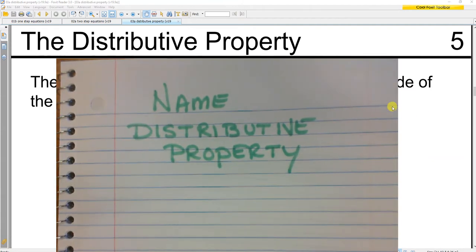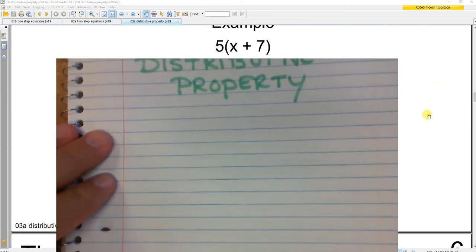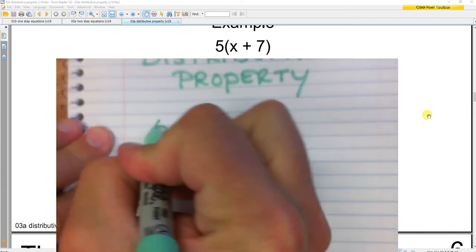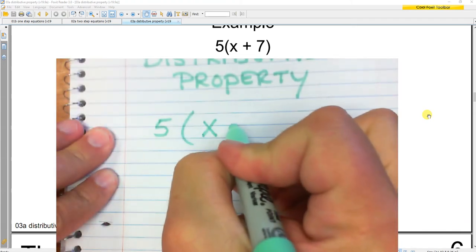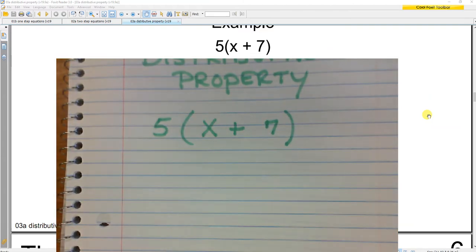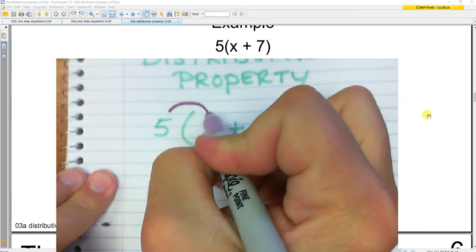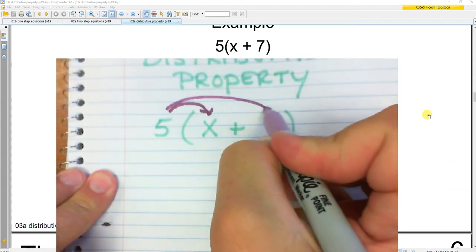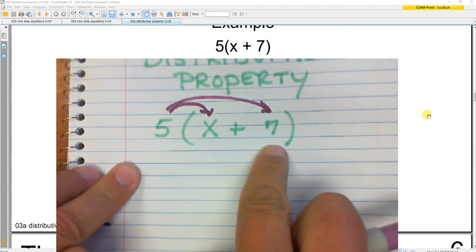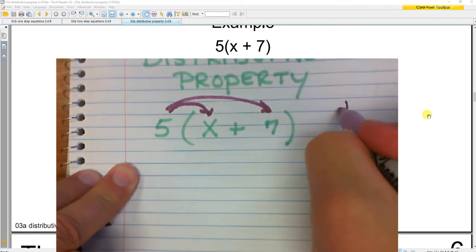Let's do this example: 5 times (x plus 7). Distribute means to give to everybody. If I had a bunch of papers and I was going to distribute them, I would be giving them out. So this 5 is going to be distributed or given out to everybody inside the parentheses. I also call this jumping the wall.